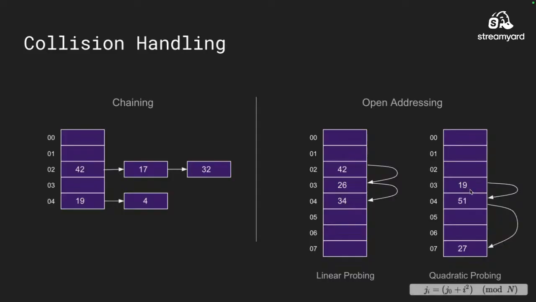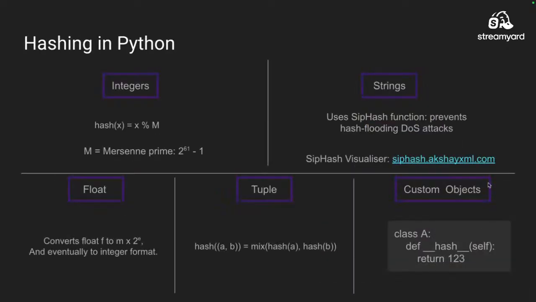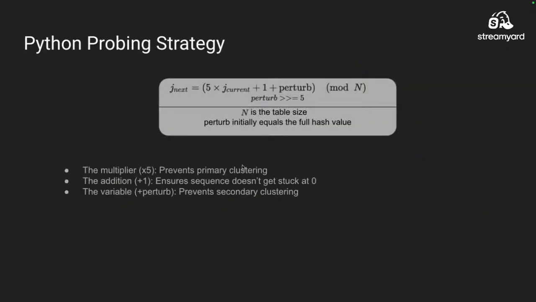So in this case, since we are using perturb, 51's hash value will be different from 27's hash value. So from 19, when there's a collision at this third index, the 51 will have a different jump from here than 27, because we are considering the hash of 51 and 27, and they will be different, and the jump will be different. So secondary clustering is prevented using perturb. So I hope that is clear.